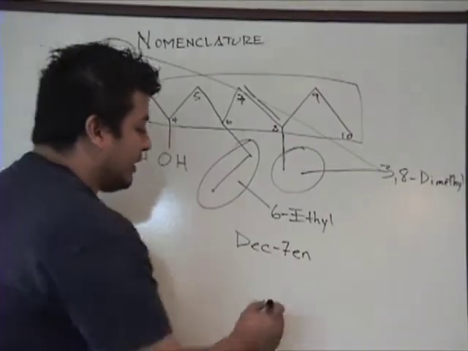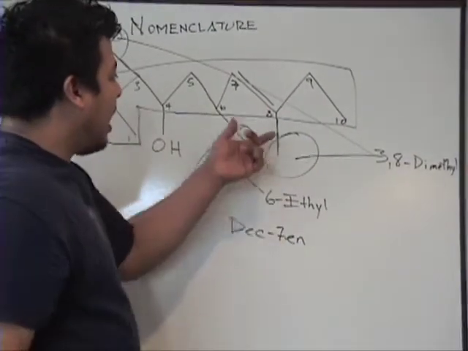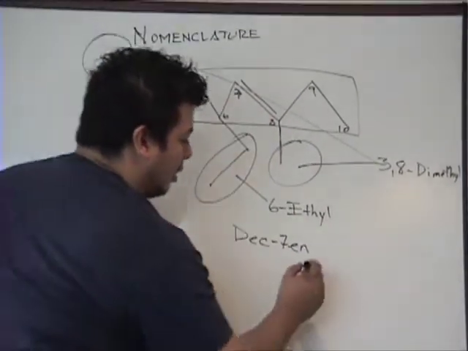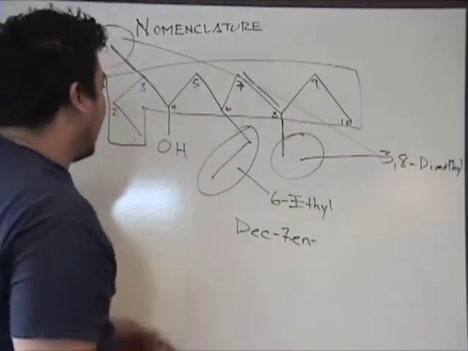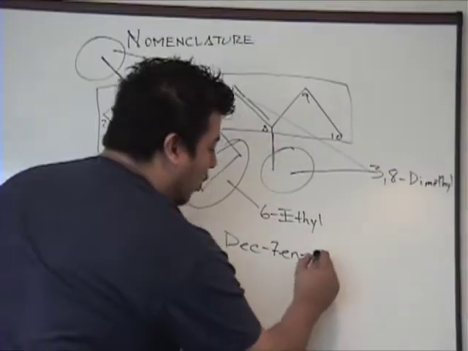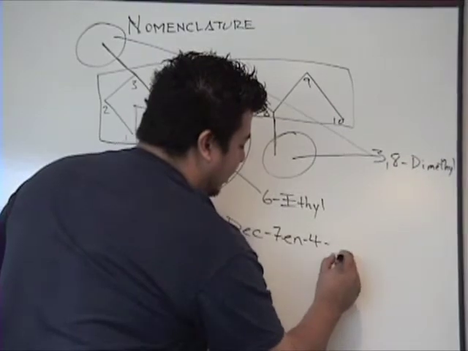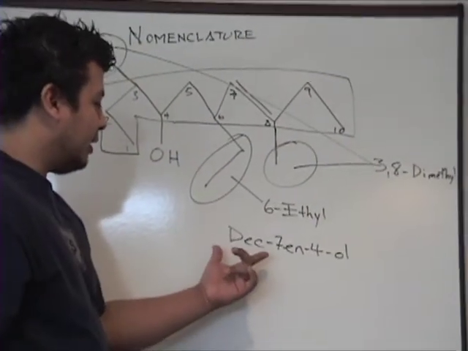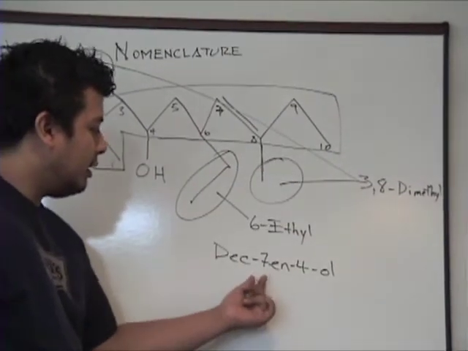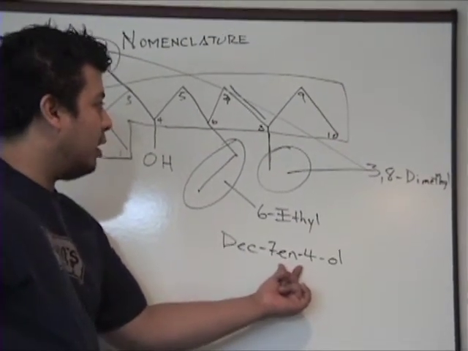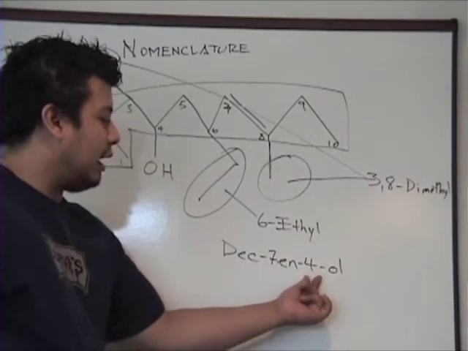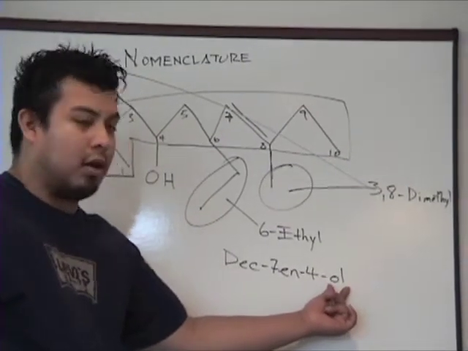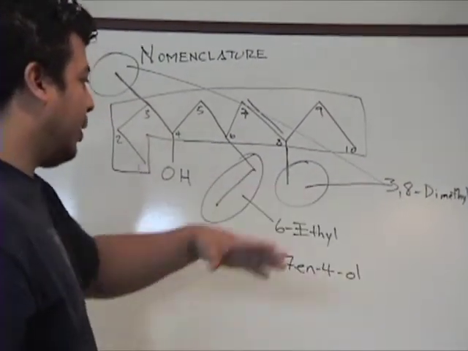In carbon number 7, I have a double bond, but it doesn't end there. I have to say in carbon number 4, there is an ol. So that's the name. There is dec, 10, in carbon 7, double bond, and in carbon number 4, there is an alcohol group.